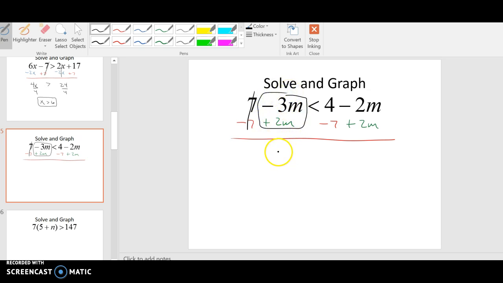Negative 3m plus 2m is negative m, is less than 4 minus 7 is negative 3. Now, to get rid of this negative, pretend it's negative m, I'm going to go ahead, divide by negative 1. And when I do that, I have to flip the inequality sign to be greater than positive 3.